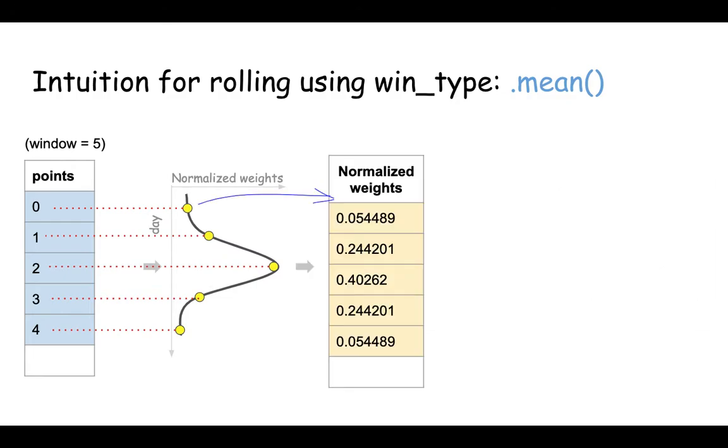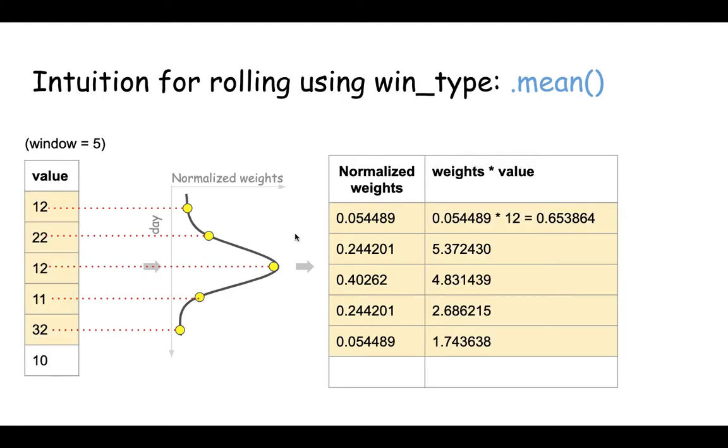Here is an example of normalized weights that is calculated, and we see that these weights would represent how much weight or value should be put to the data point that exists next to it. So if you look at the data points in this column value, 12 should be given this value, then 22 should be given this weight, and then 12 should be given this weight that's here, and so on and so forth.